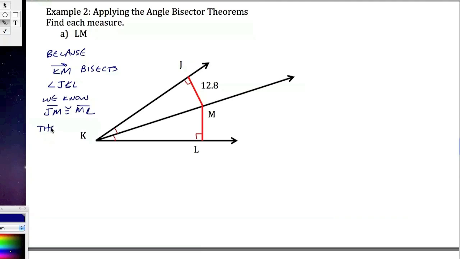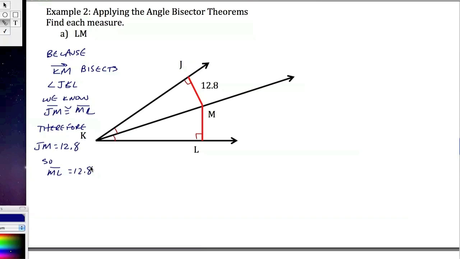Therefore, we know that JM equals 12.8, so ML equals 12.8.